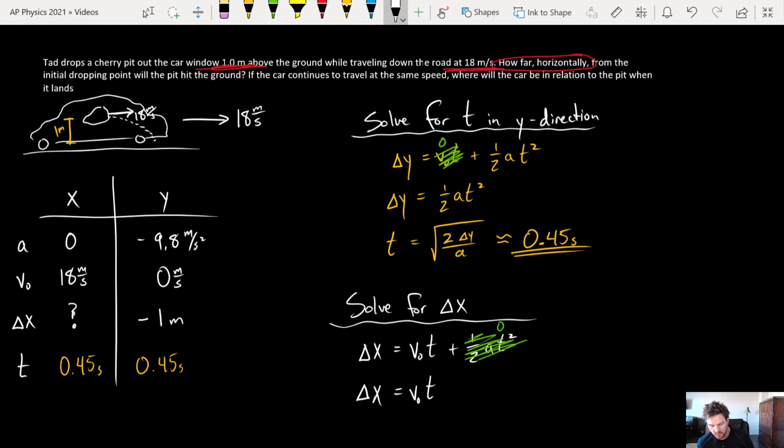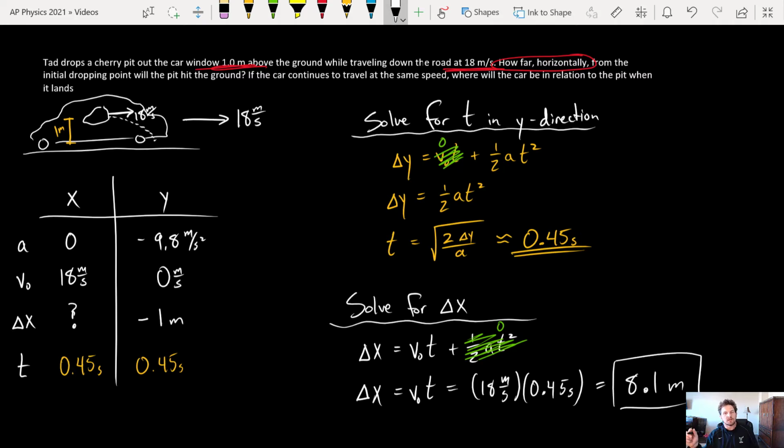I plug in my numbers. It's going 18 meters per second for 0.45 seconds, so that's about half, and it should be just under 9. 18 times 0.45 is 8.1. The cherry pit goes forward 8.1 meters until it hits the ground when they are driving so recklessly at 18 meters per second.